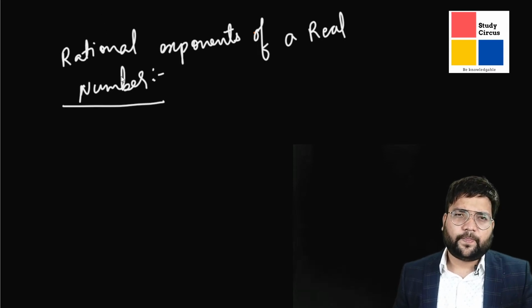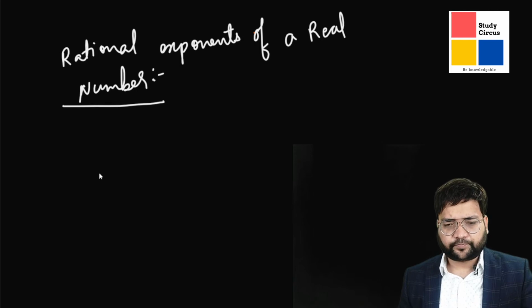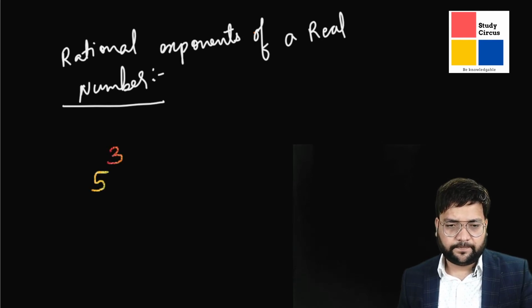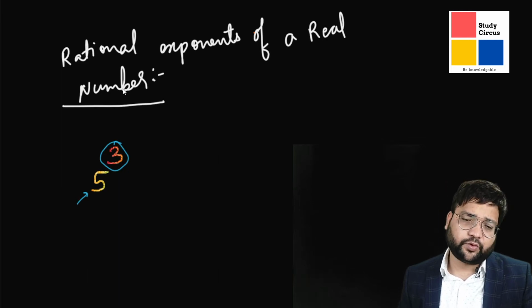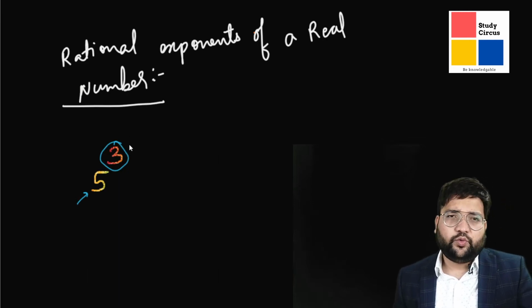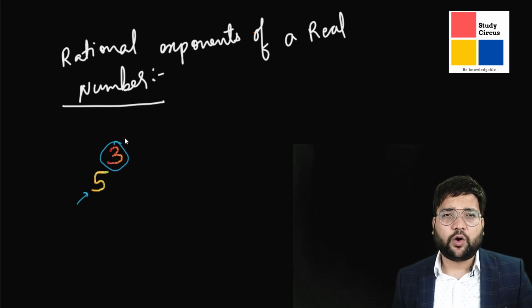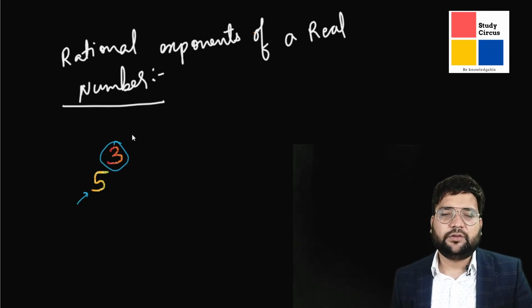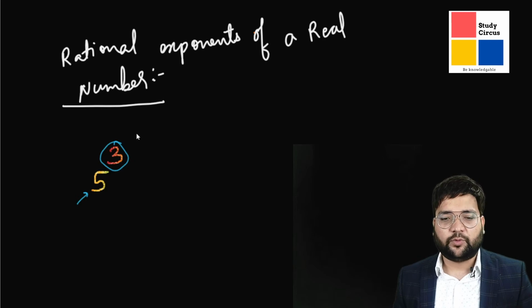So exponents. Let's say 5 to the power 3. This 3 is the exponent, this is the base. 5 raised to 3, or 5 to the power 3, we say. Now we will see some rules on how we deal with numbers having exponents or powers in them.